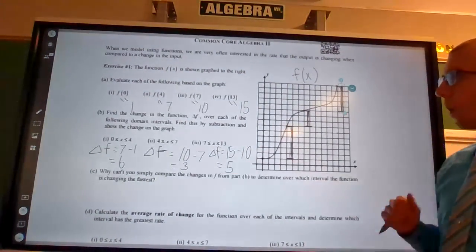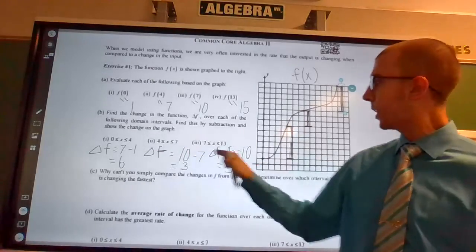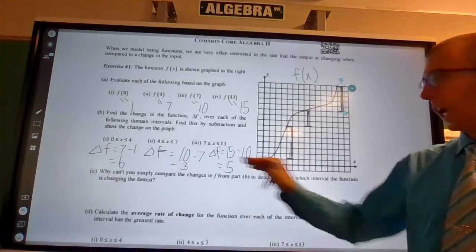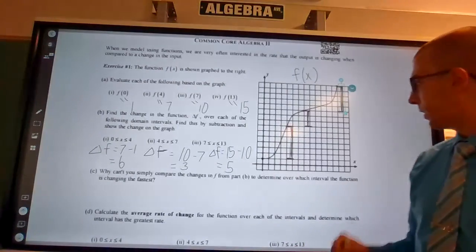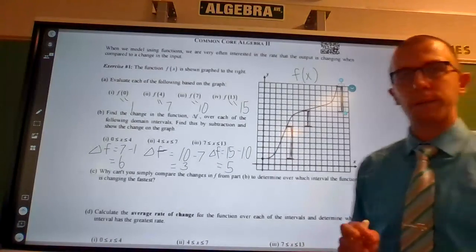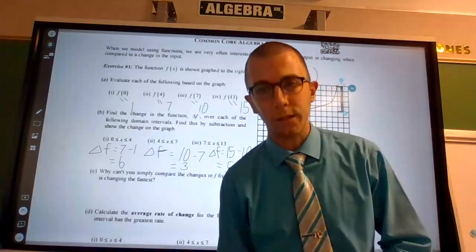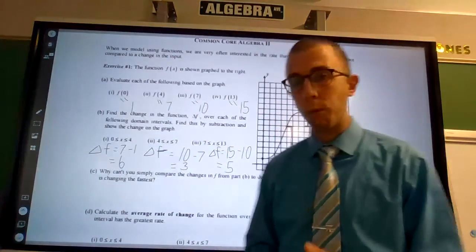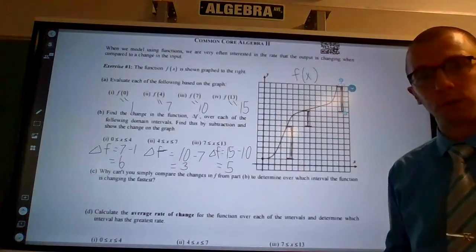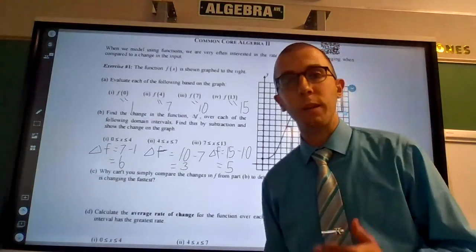So the question then, why can't we compare these three changes, the changes in the function, to determine over which interval the function is changing the fastest? Okay, why can't we just use those values? Well, think about what I said before.